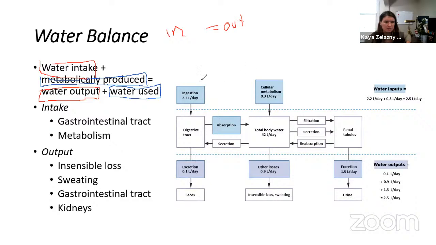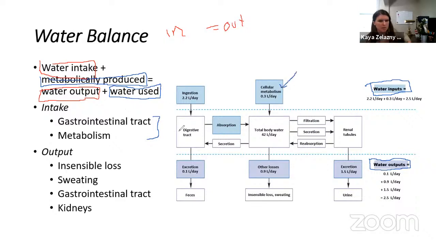Right. So this is just that diagram again, but they've highlighted where we're inputting water and where we're taking water out. Okay. So water is coming in through your GI tract when you eat or drink something that contains water. It also counts as in if we're thinking about the water produced in cellular metabolism.